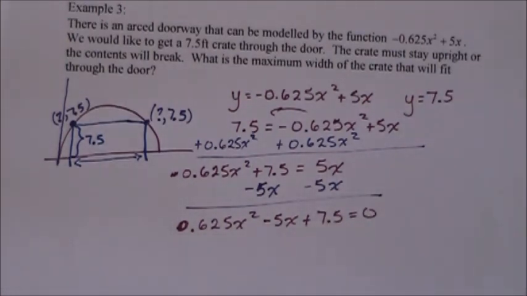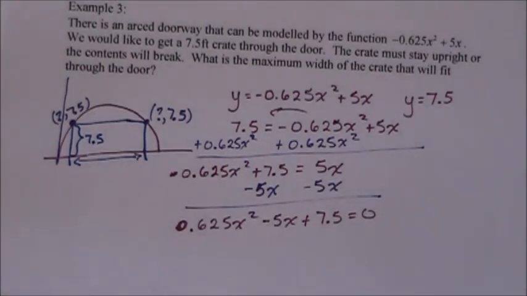Now as we go to look at factoring it, this doesn't have a 1 in front, so we could see if we could do a common factor. The real question is if I divide these guys by 0.625, do I get a whole number, which I can factor, or will I end up with decimals, which I won't be able to?